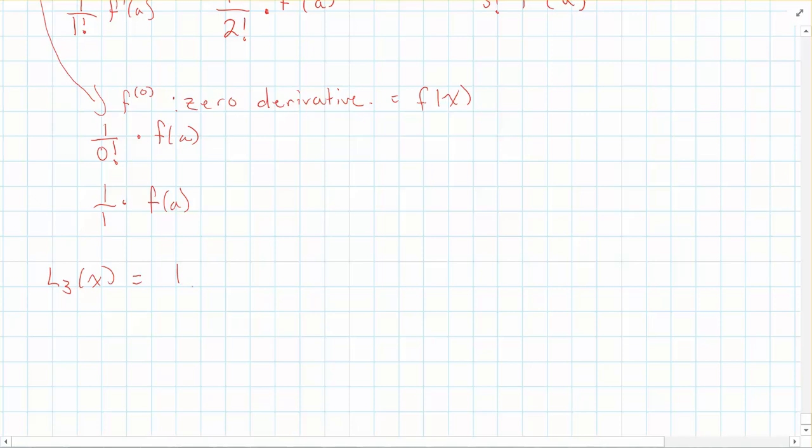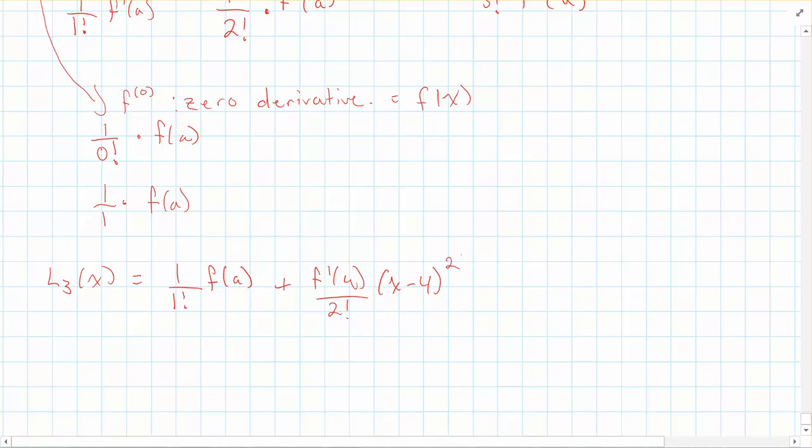So this would be 1 over 1 factorial times f at a, and then plus f prime at a over 2 factorial times x minus 4 squared.